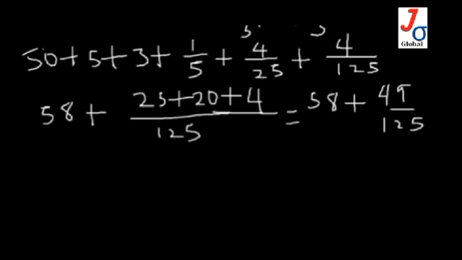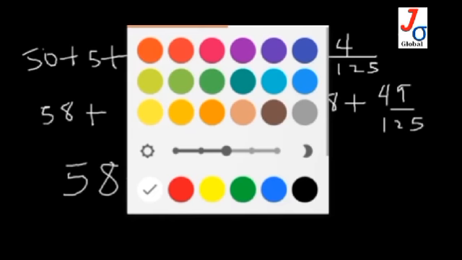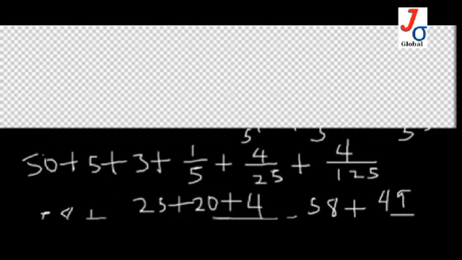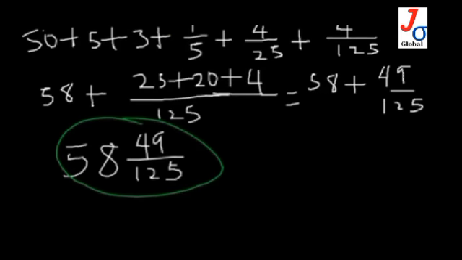All right, so altogether I'm going to have 58 whole number 49 over 125. All right, so that's going to be our answer. So that means when we convert this value here, 213.144 base 5, we're going to have 58 whole number 49 over 125. That's your answer in base 10. Don't forget your base. Always signify your base.